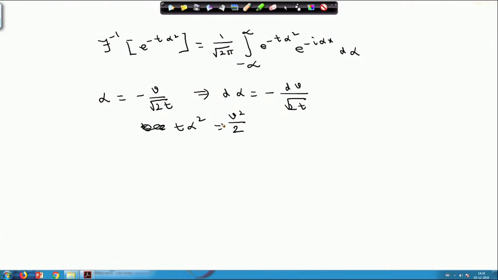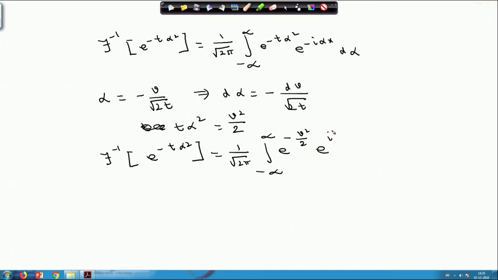If I substitute this in the given integral, you can write the Fourier inverse of e power minus t alpha square equals 1 by root 2 pi, integral from minus infinity to infinity of e power minus v square by 2 into e power I into x by root 2t into v into dv by root over twice t.